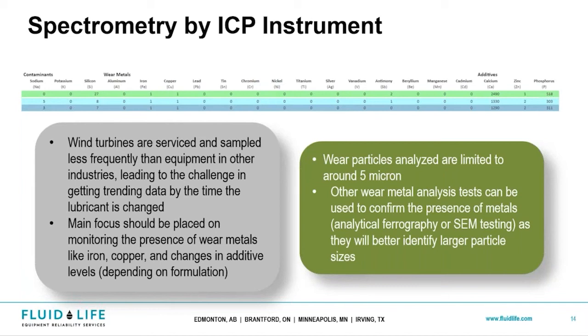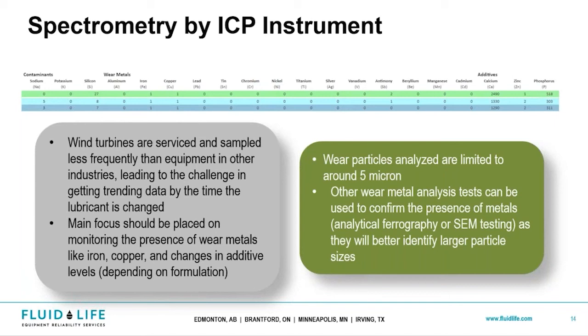But one thing to keep in mind, outside of monitoring the presence of wear metals and changes in your additive levels and formulation changes, is that spectrometry is a little bit limited in its ability to analyze larger size particles, right? So wear particles analyzed in the ICP are limited to around 5 microns in size.